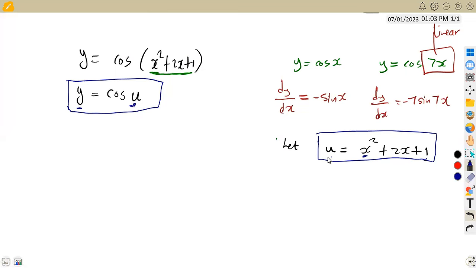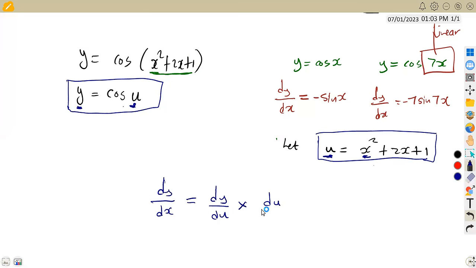But we want to connect these two functions so that they give us what we refer to as dy dx, the derivative of y with respect to x. How is that possible? That is where we have our formula: dy dx is equal to dy du, the derivative of y with respect to u, times du dx, the derivative of u with respect to x.